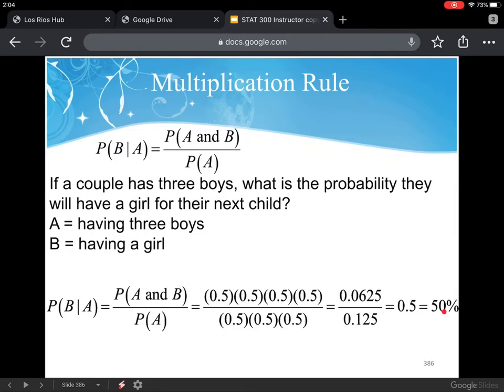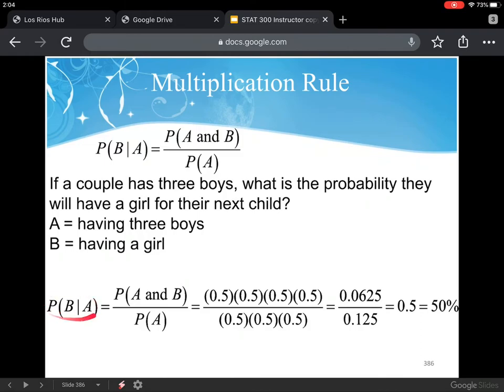Which goes to show that obviously these are independent events. Having the 4th child being a girl is independent of having 3 boys first. And since there was this independence lurking amidst this exercise, we actually didn't have to use conditional probability. We could have just asked, well, what's the probability of just having a girl? That would be 50-50, right?